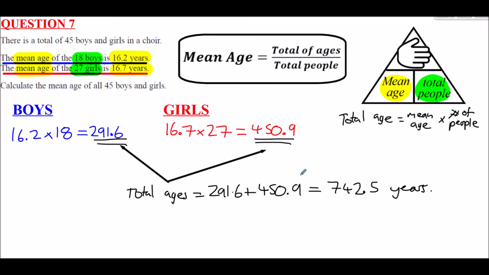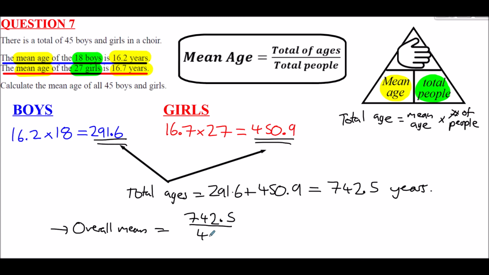So we want to work out the mean age of all 45. So from this, we can now work out the overall mean. So the overall mean will be the total of all ages, so that's 742.5, divided by the total number of people, which is 45.